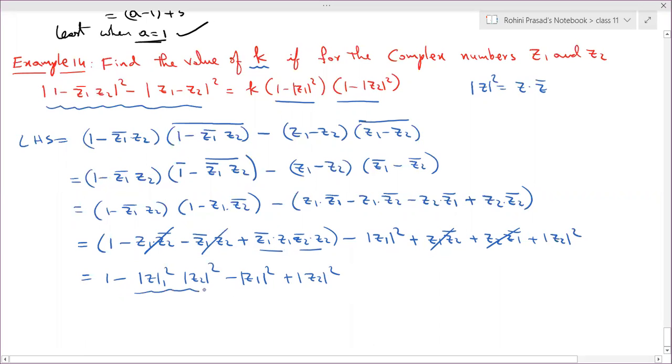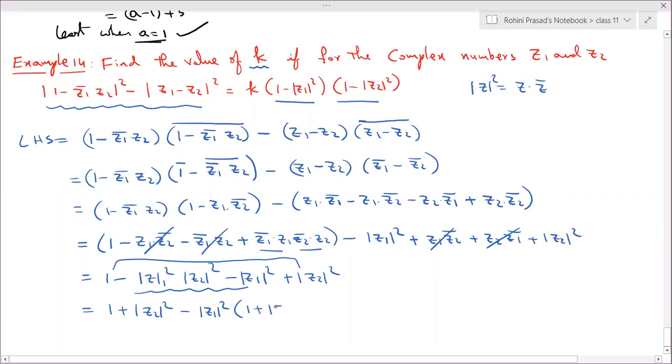So from these, you can take mod Z1 square common, and the first and last can be written together. 1 plus mod Z2 square minus mod Z1 square take common.